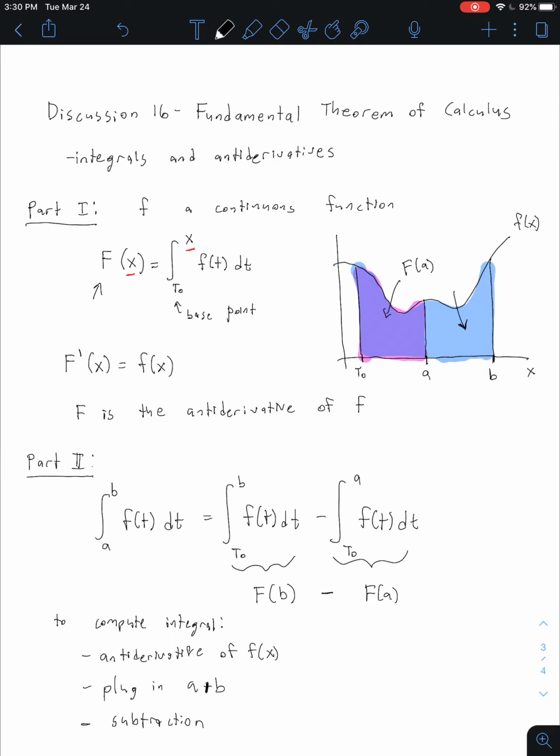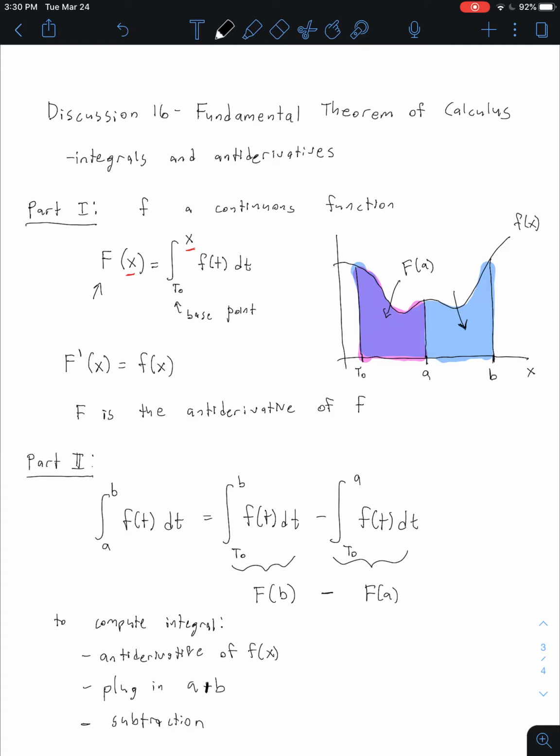This is kind of a cool idea. We can compute the area under this curve simply by plugging in to the antiderivative at the endpoints. So that's pretty cool, and we're going to make use of it a little bit later in the discussion.